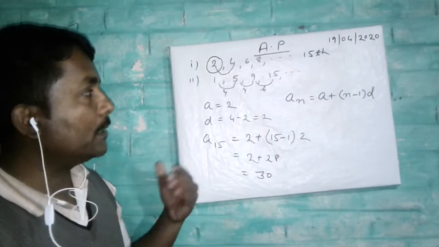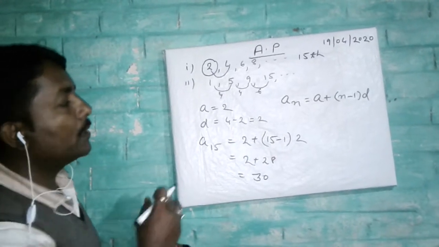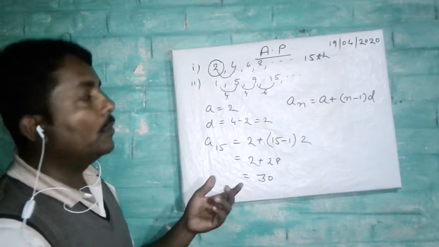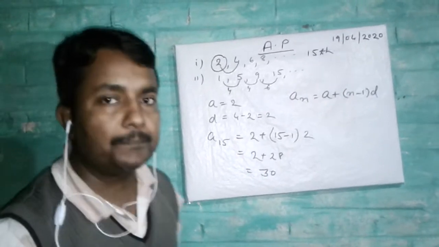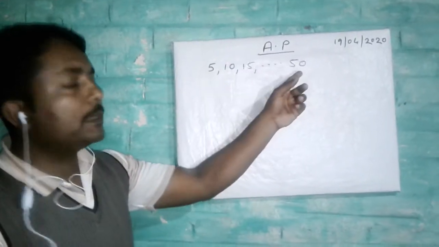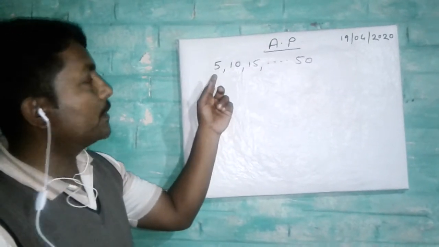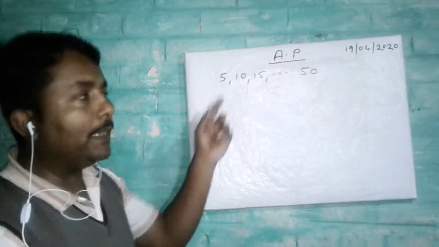Now, what is another type of question that may come in your examination? They may provide you all the terms and ask you to find the value of n. Now see here, a particular series is given. Here the first term is 5. The common difference is 10 minus 5, that is 5.